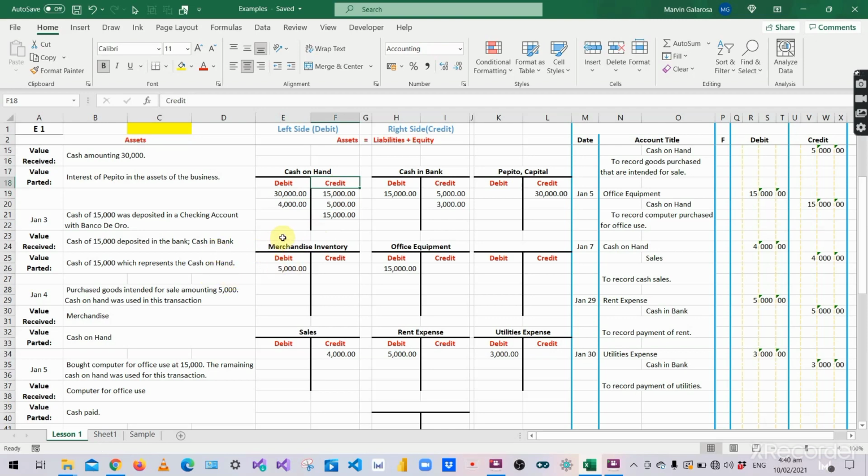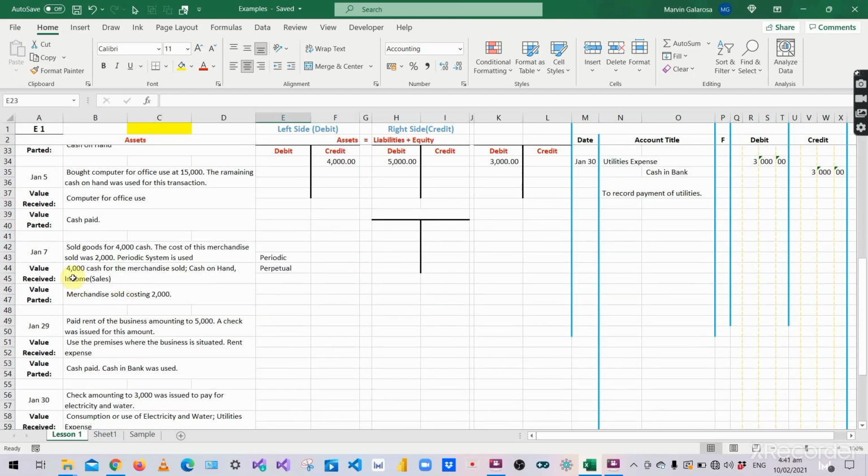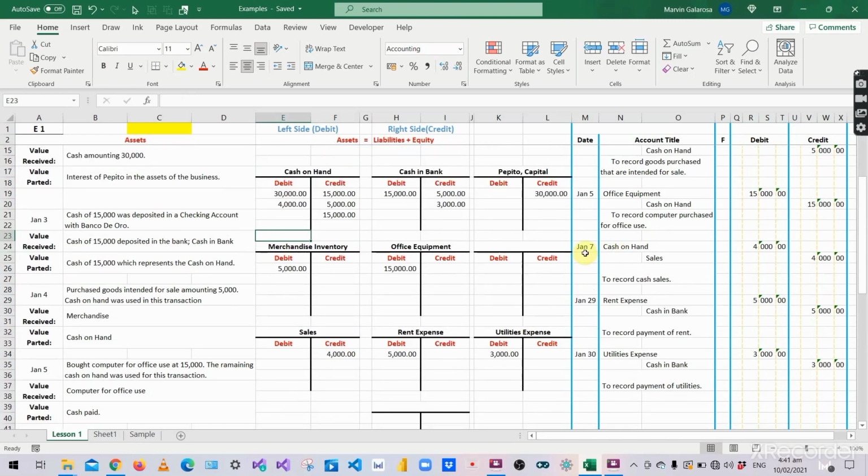So, i-correct natin siya. Magdadagdag na lang ako ng transaction. Lagyan natin ng transaction sa January 6. So, accordingly, move natin pababa itong journal entries.